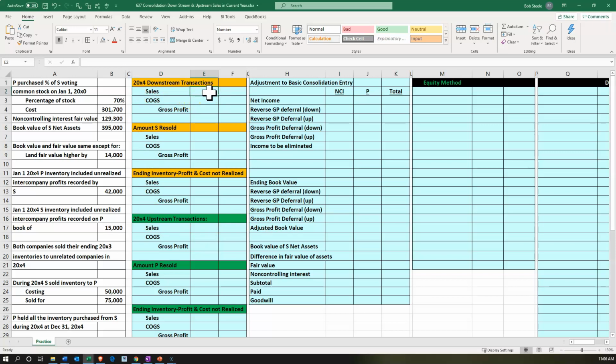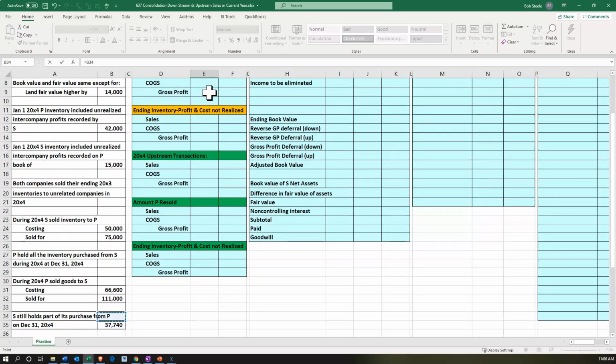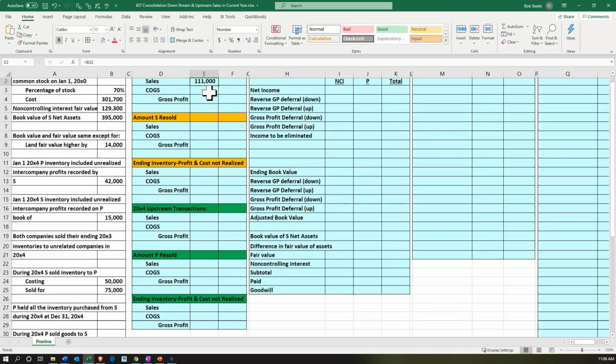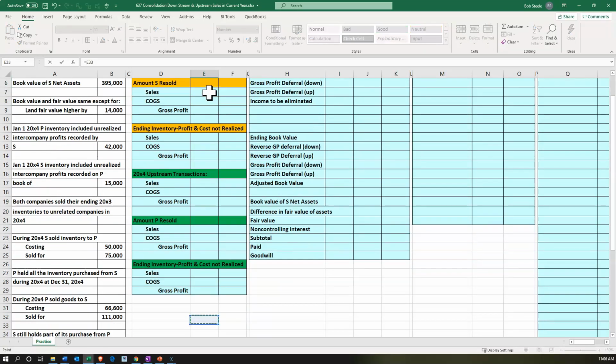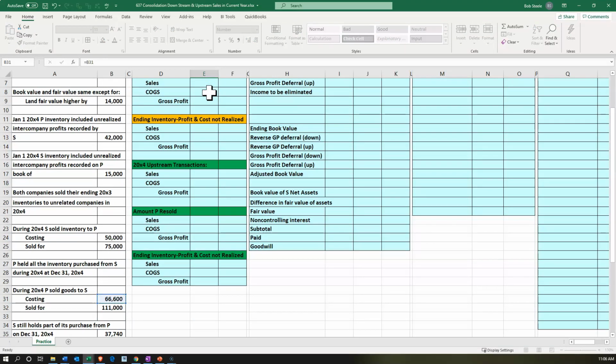Let's break these out. It's a little bit tedious to do it this way, but it's worthwhile to mull this over. So, the sales. We know in 2000 X4 P sold goods to S for that 111,000, and the cost of goods sold of those goods was 66.6.